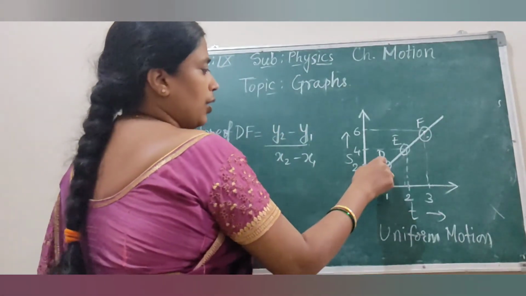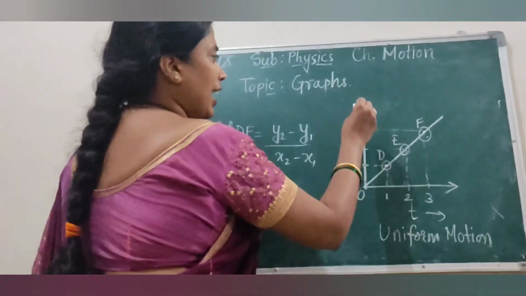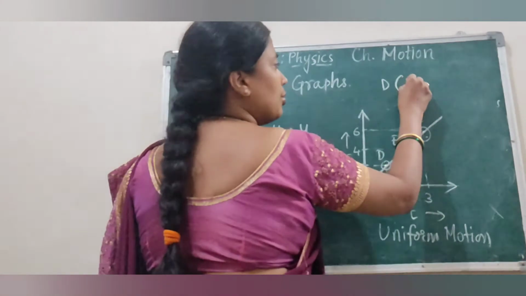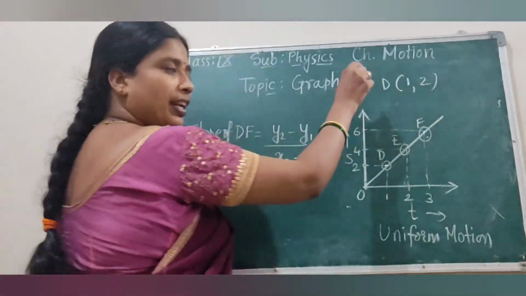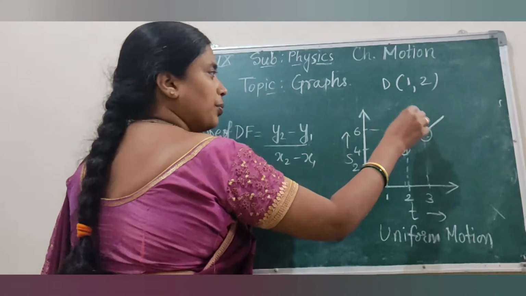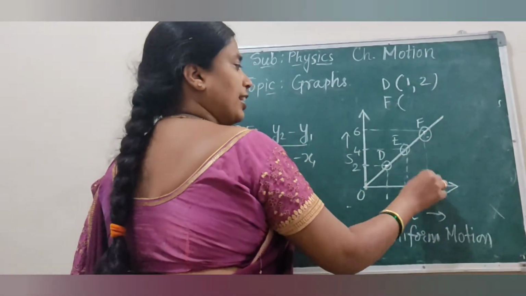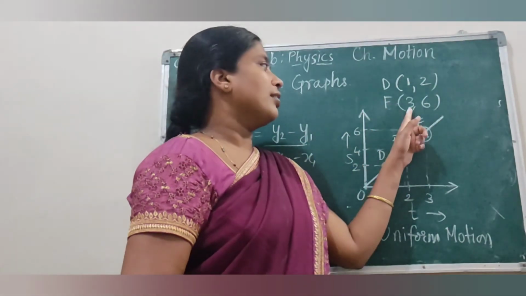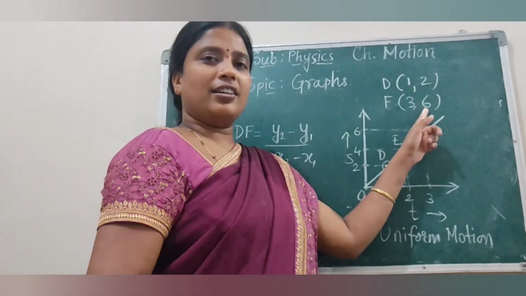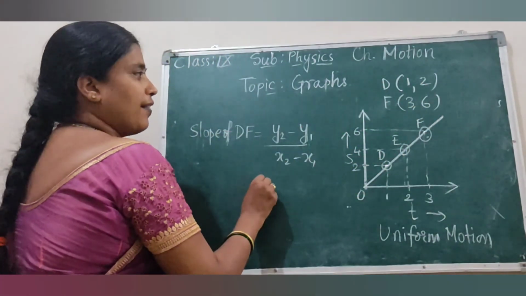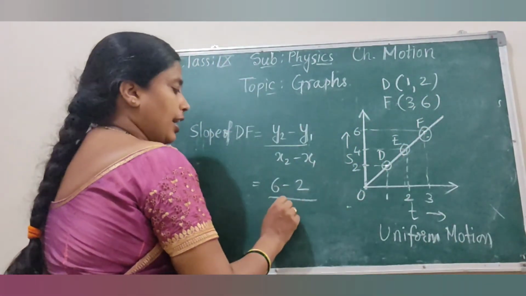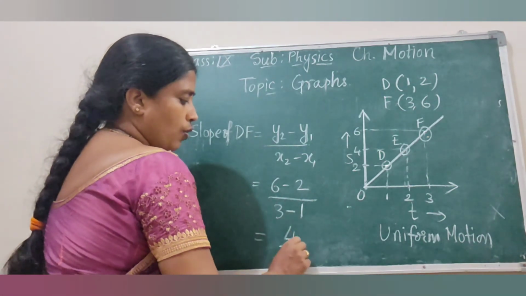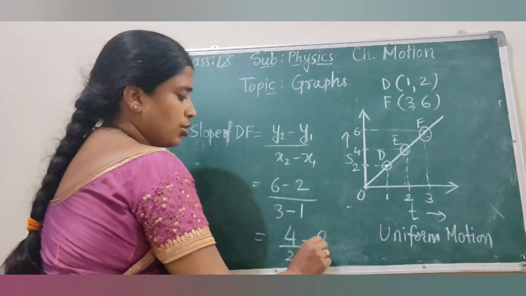So, this point D has coordinates 1 and 2. It has x coordinate 1 and y coordinate 2. And point F has x coordinate 3 and y coordinate 6. So, this is x1, x2, y1, y2. So, y2 minus y1 will be 6 minus 2. x2 minus x1 will be 3 minus 1. So, that is 4 upon 2, that is 2.